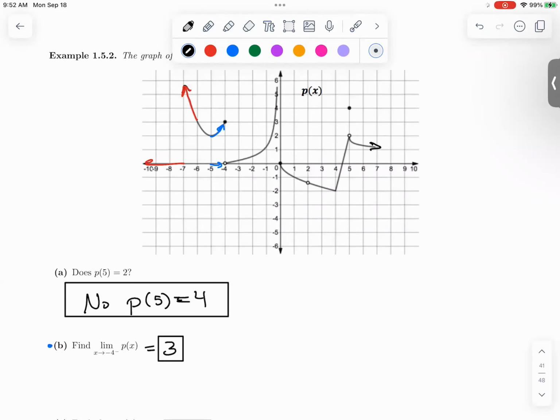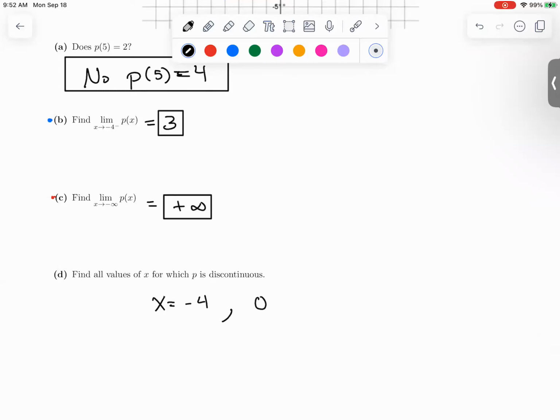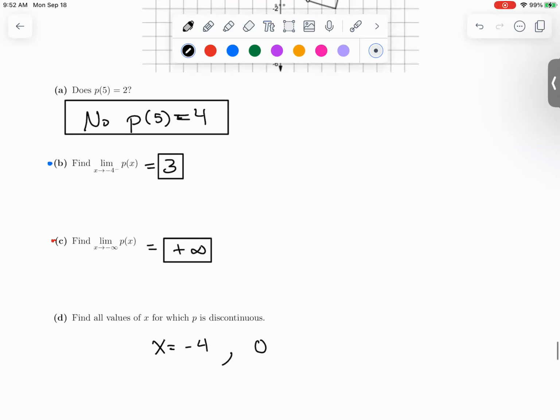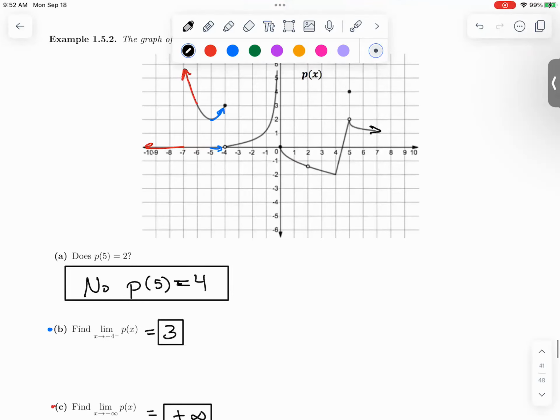What else? 0. We have an infinite limit because one side's going to infinity. At 0, leave a little bit of space because we're going to write things underneath to tell you what condition is being broken. 5 is another one, yes. Is there one before that? 2 as well.